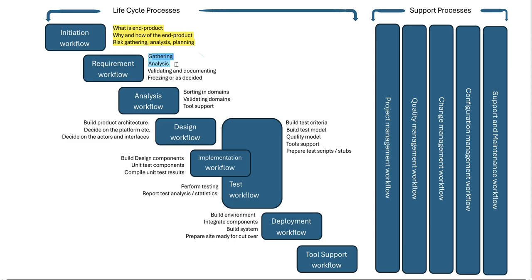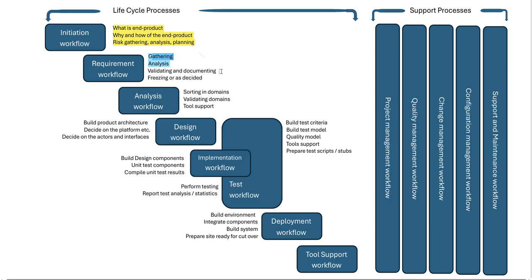So in this we ask ourselves, are there any conflicting requirements? Are the requirements clear? Are requirements clearly illustrating the project? Once we have ensured everything, now we move on to validating and freezing.